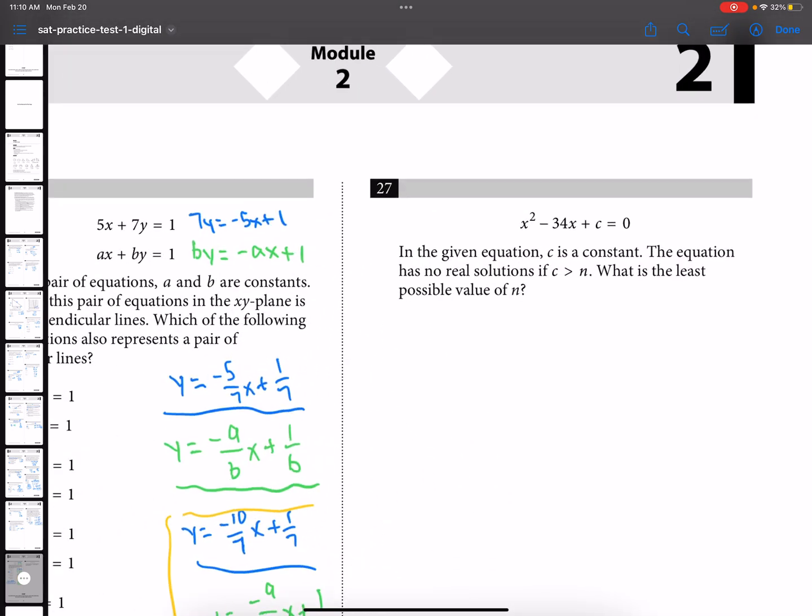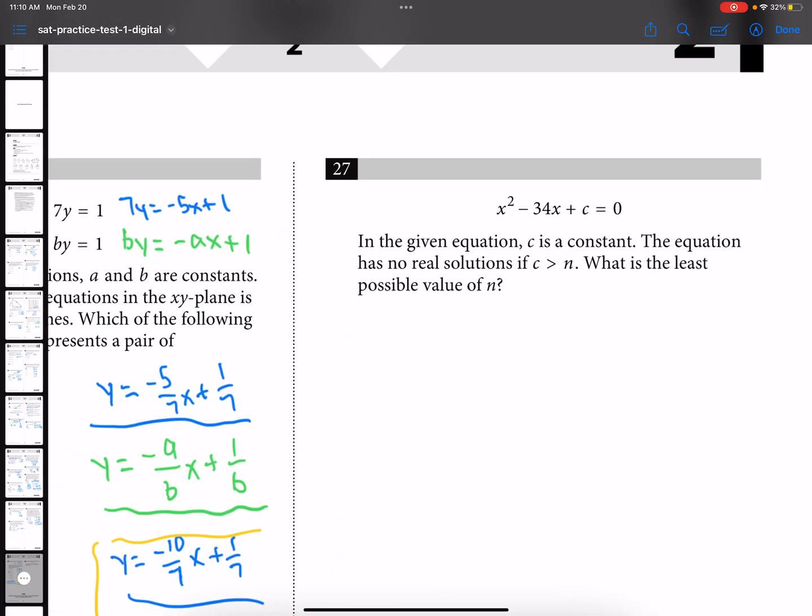All right. Last question. In the given equation, C is a constant. The equation has no real solution if C is greater than what is the least possible value of n. So this is basically quadratic equations. So ax squared plus bx plus c is equal to 0.